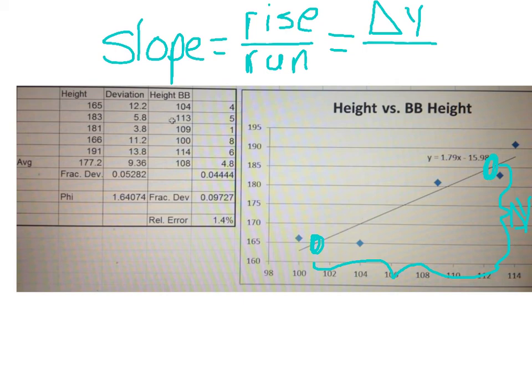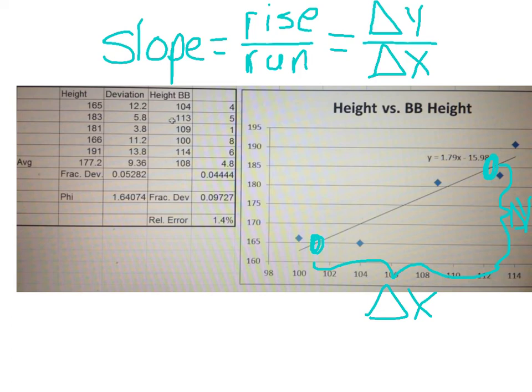So your run goes from here all the way to here. Notice the two points I'm picking are on the line. They're not any of these little data points right here, because once I get my trend line, I just want to find the slope of that trend line. And this corresponds to delta x. So we write delta x right here, and hopefully you can find x1, y1, x2, y2, and plug them in appropriately on the slope. If you need help with that, I will help you when you get to that part tomorrow.